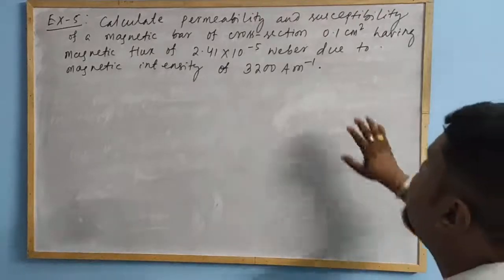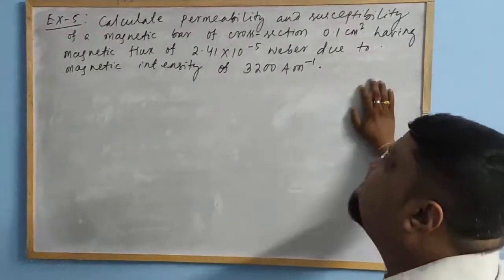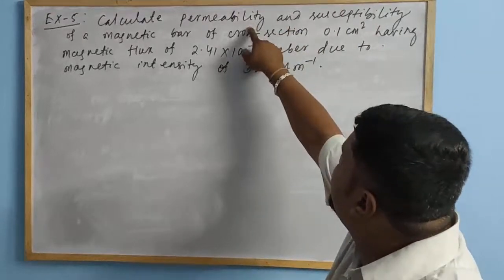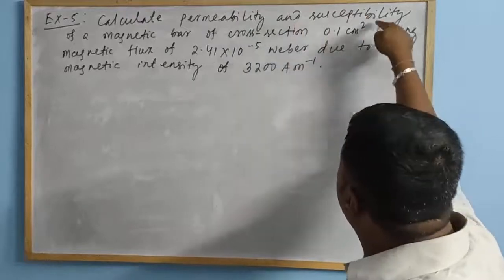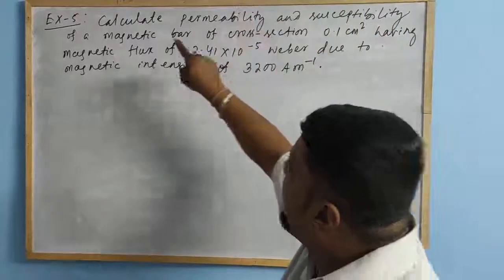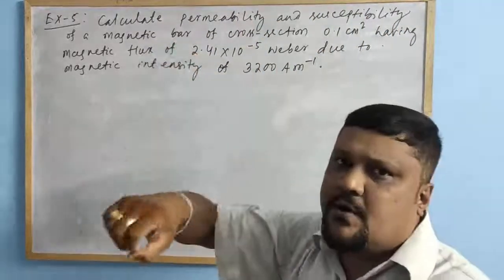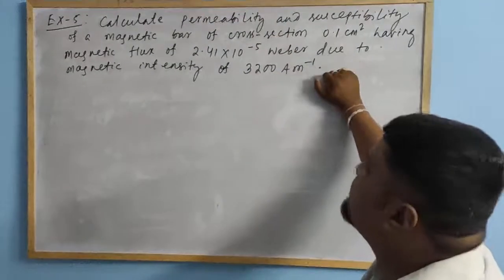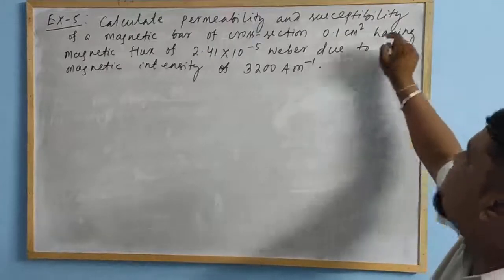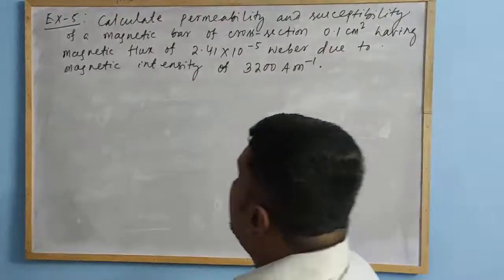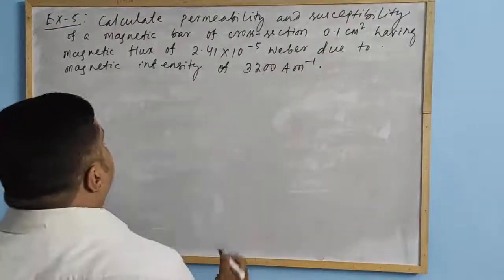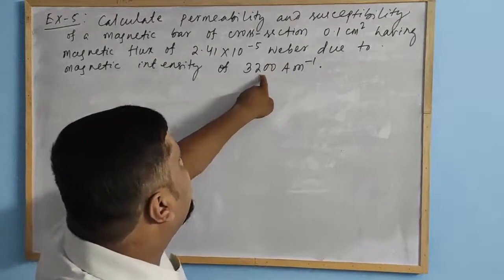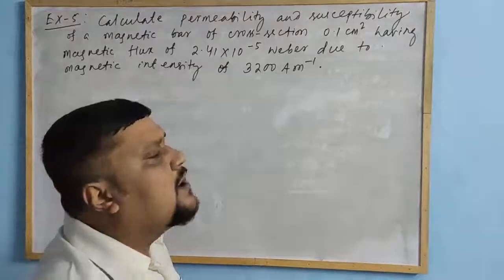Now come to example number 5. Calculate permeability and susceptibility of a magnetic bar, that is in the form of a bar, of cross section 0.1 cm square, having magnetic flux of this much Weber due to magnetic intensity of 3200 ampere meter inverse.